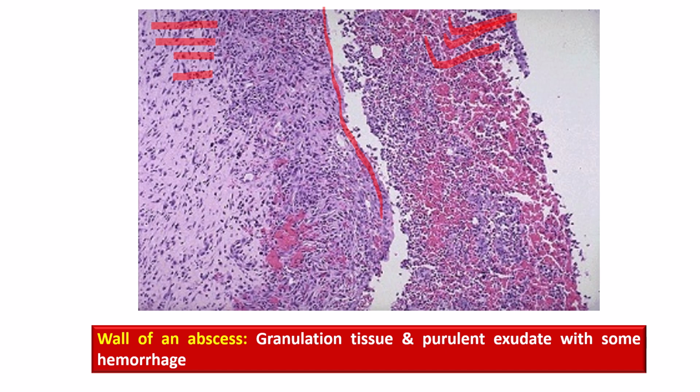It contains numerous proliferating fibroblasts, newly formed capillaries that are the result of angiogenesis, and many scattered inflammatory cells, mainly composed of macrophages and lymphocytes.